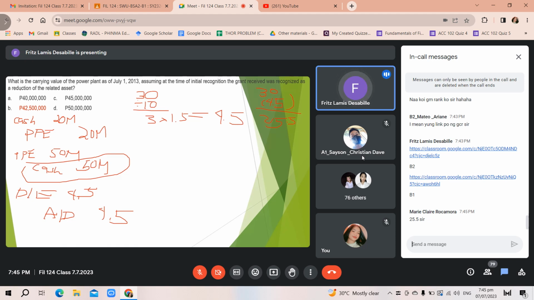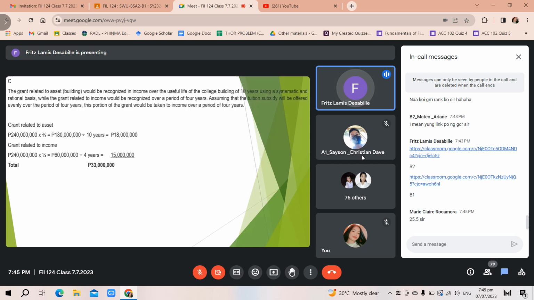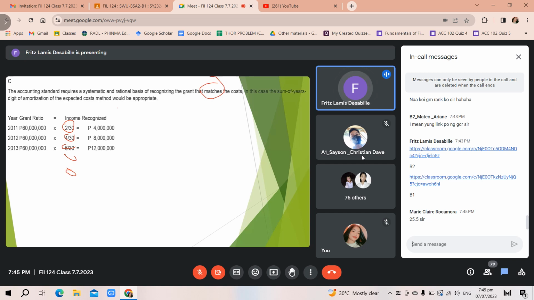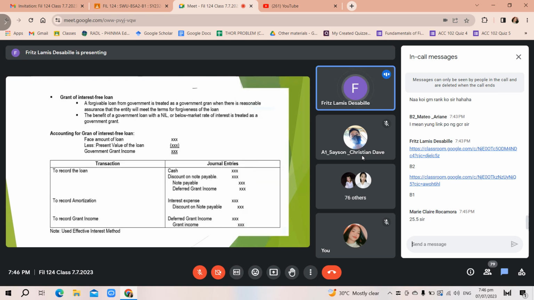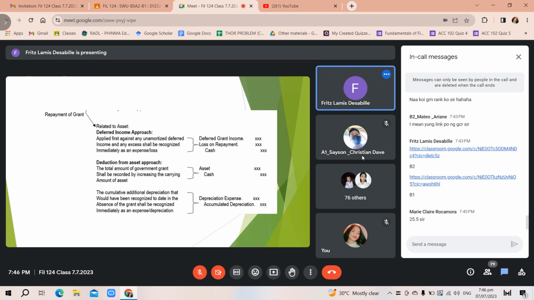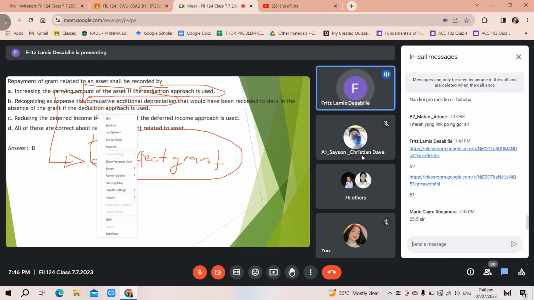Okay. Now, if it is a grant related to asset, so let us go back to the previous pages. If grant related to asset and di minus nato siya sa cost, so unsay chika ni standard? Ang himuon daw nato is to cancel the effect of the grant, and how do we do that?